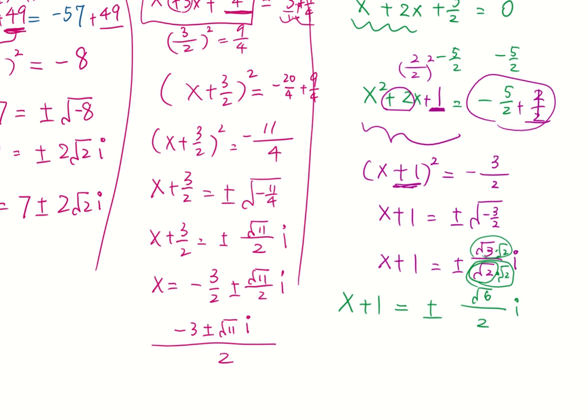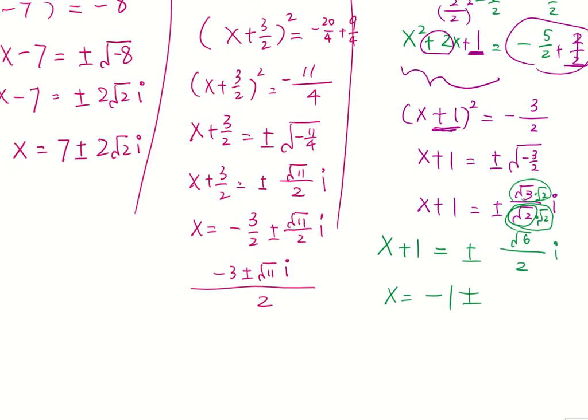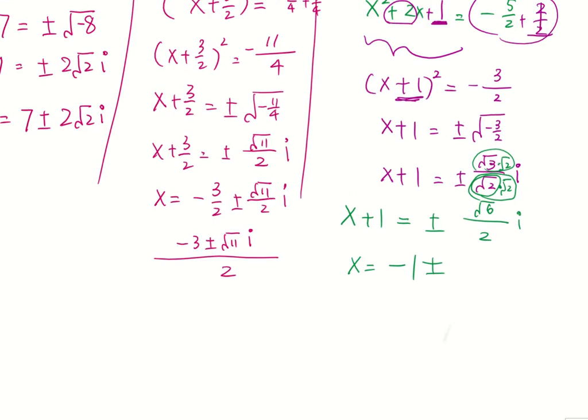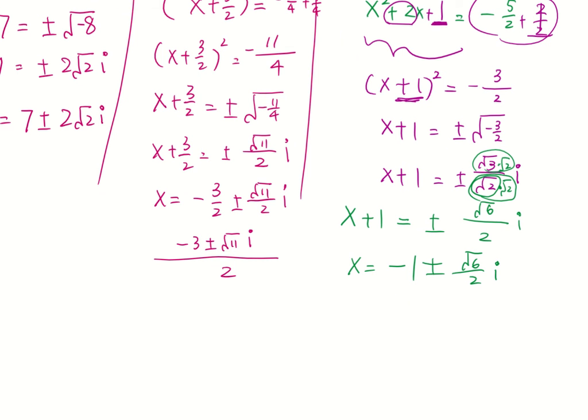Last step, subtract 1 on both sides. So you have x equals negative 1 plus or minus square root of 6 over 2i. This is my solution. I have two complex solutions.